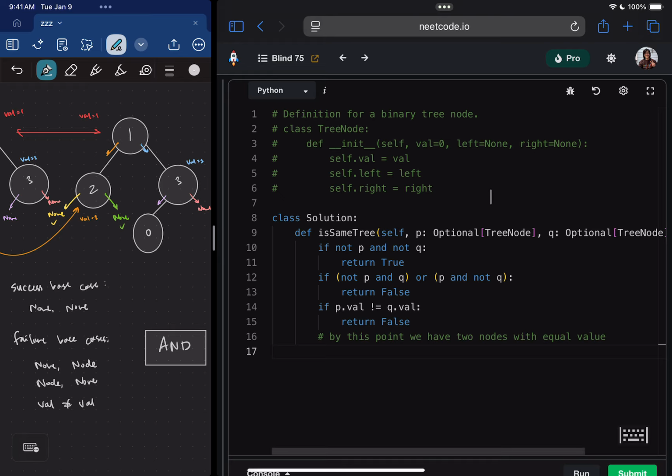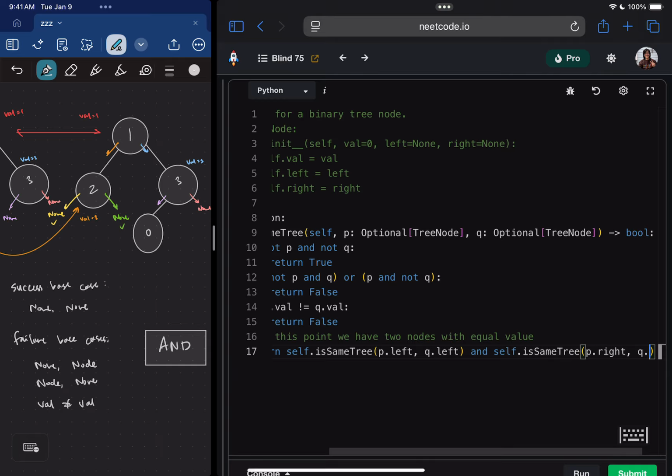We can just say return self.isSameTree p.left and q.left. So now, again, we can summarize this as determine if the left subtrees are equivalent, and self.isSameTree p.right, q.right.